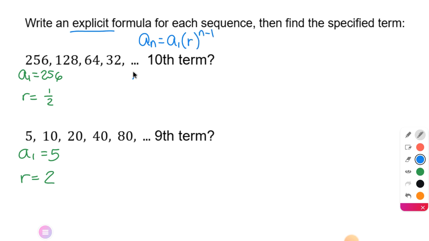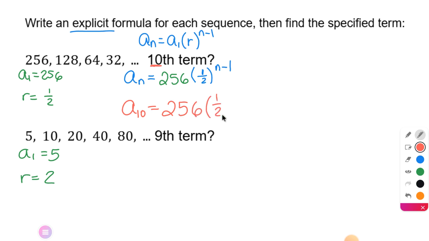So a sub n equals 256 times my ratio, 1/2, to the n minus 1 power. That's my formula. And then we want the 10th term, so now I'm going to plug in 10 in place of n. 256 times 1/2 to the 10 minus 1. And as a reminder, you got to put parentheses around that in Desmos.